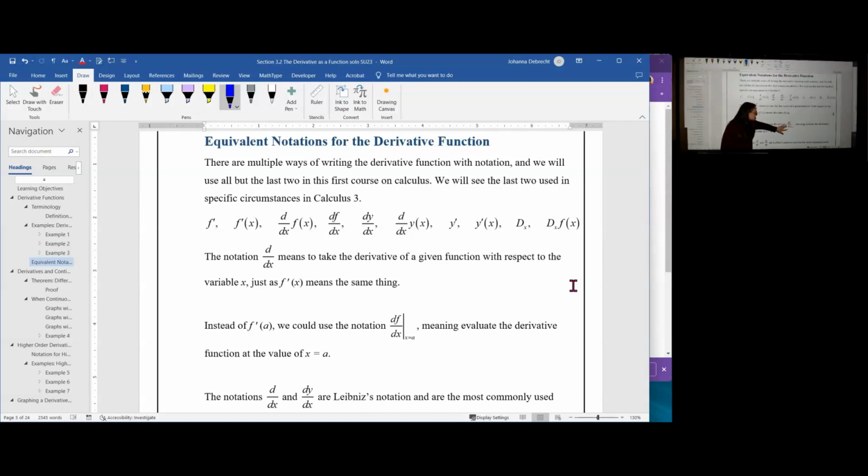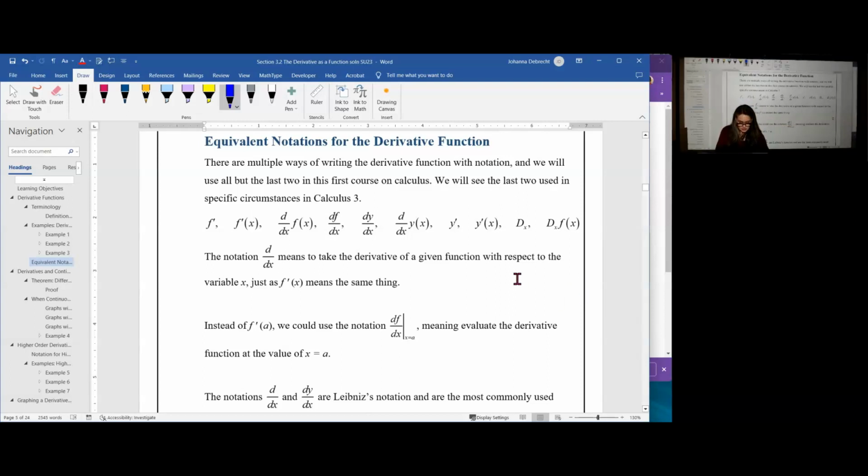And this notation here with the long vertical bar on the right of the derivative notation with a small x equal a at the bottom is another way of writing this f prime of a notation. It means go find the derivative of the function named f at the value x equals a.